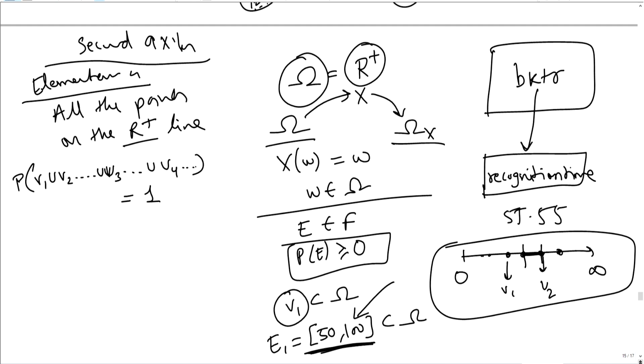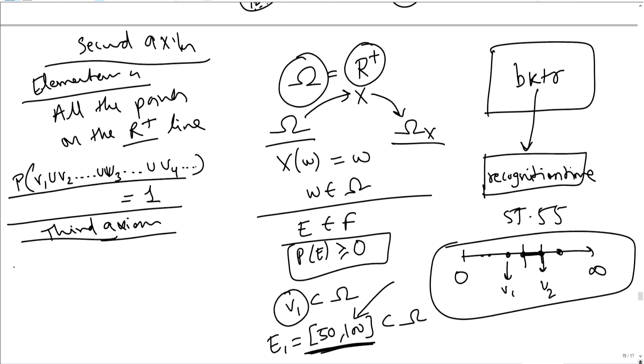Now, let us also apply the third axiom. The third axiom says that for mutually exclusive events, the probability of their union is the summation of individual probabilities. Now, all these points on this real number line also constitute mutually exclusive events, because these points do not have anything in common; these are individual points, these are elementary events. So when you apply this, the probability of V1 union V2 union V3 would be equal to the probability of V1 plus the probability of V2 plus the probability of V3, and so on.